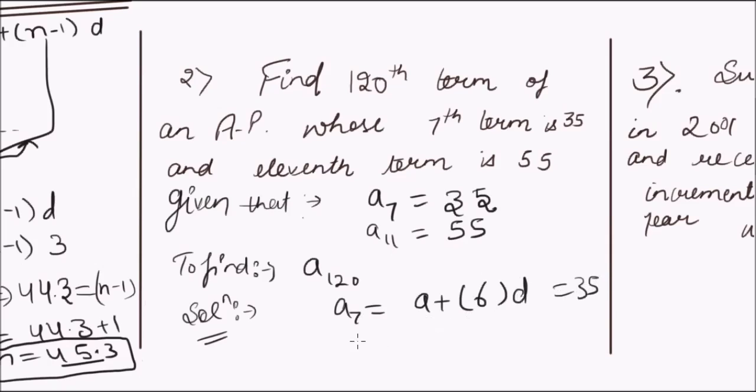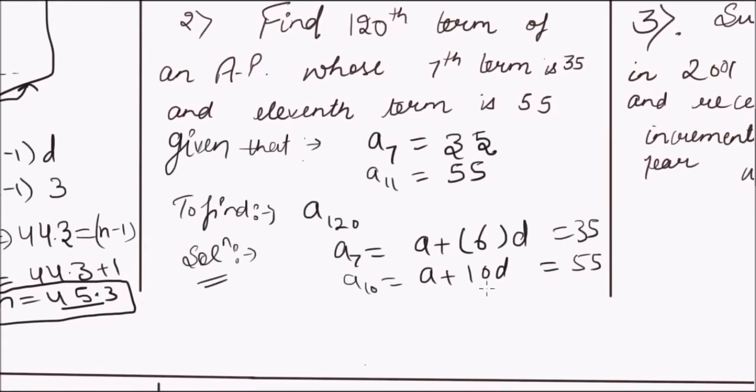Whereas a_11 is a plus 10d, which is given as 55. Friends, these two equations are nothing but linear equations in two variables or linear pairs. Thus, we can have any method applied over these equations to find out a and d.